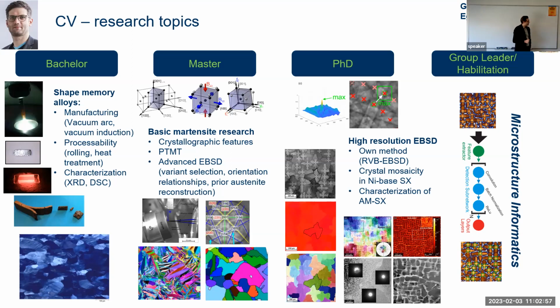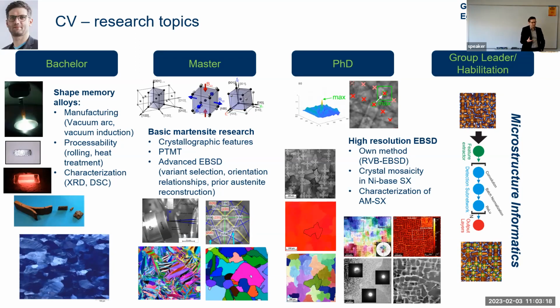And in this project, I already learned how to do advanced EBSD studies, because you can take an EBSD data set, you have all the orientations, and you can combine it with knowledge of martensitic transformations. So for example, what I was able to do is you measure a martensite microstructure there on the left, and you can recalculate how the prior austenite grain structure looked like.